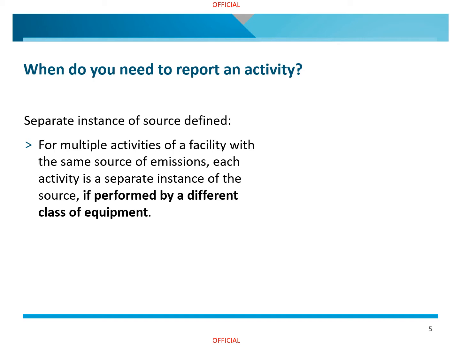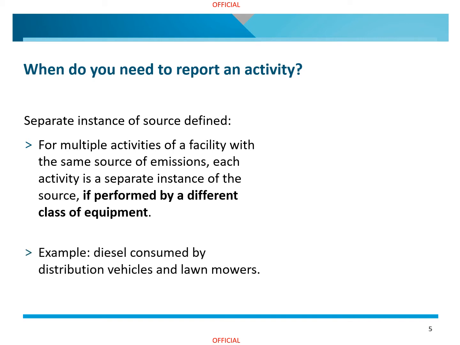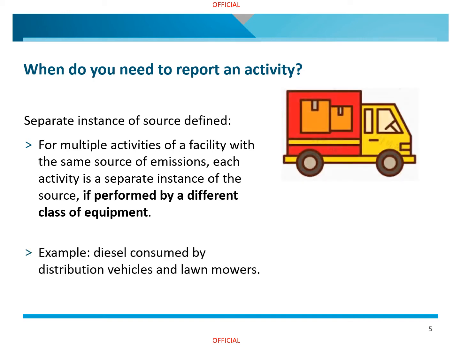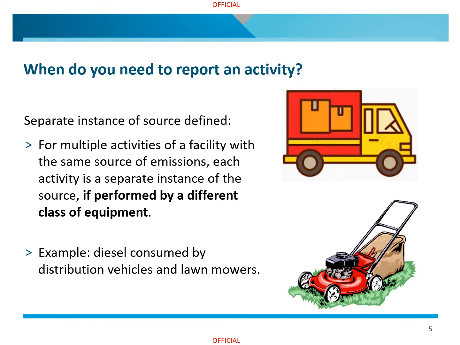Take, for example, the combustion of diesel in the engines of distribution vehicles and the combustion of diesel in lawnmowers at a facility. While these activities have the same source of emissions, they are taken to be a separate instance of the source as the activities are different and the class of equipment used to perform the activities are different.